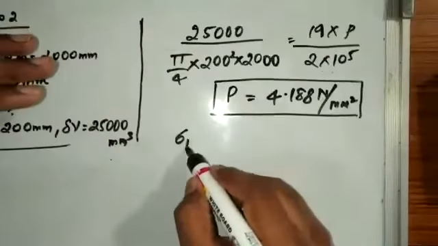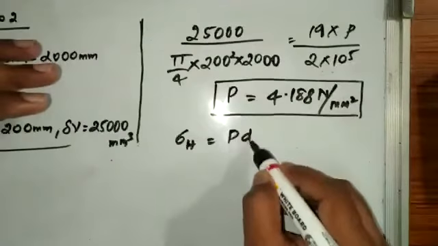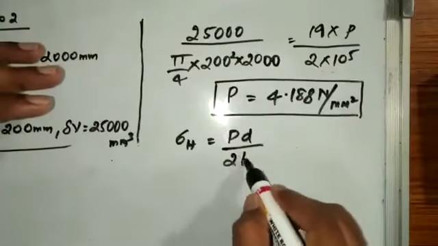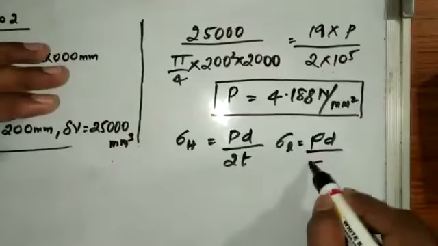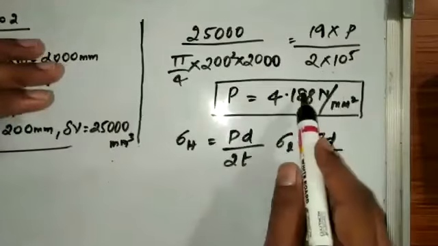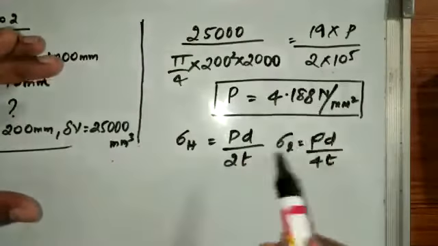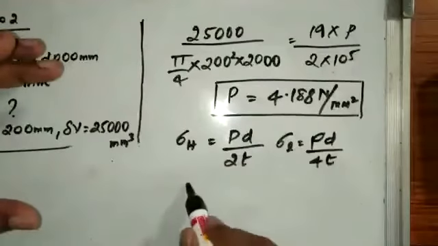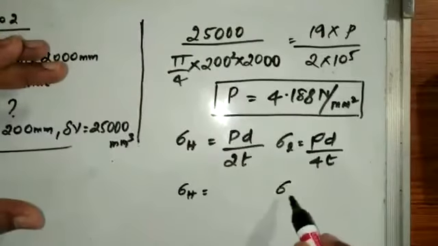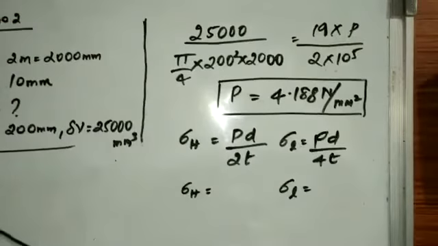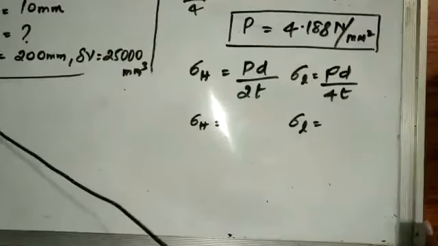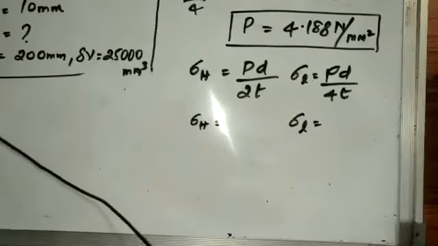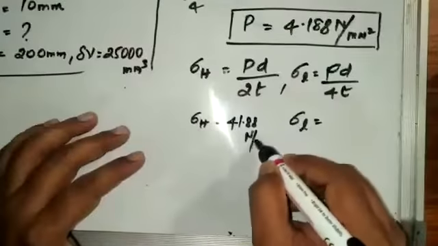Value of pressure. Now you can go back and calculate all the stresses. One is hoop stress. Another is longitudinal stress. Then you tell me the values of this. Now you have calculated the p value as 4.18. If taken these two equations, you will get the hoop stress and longitudinal stress. 41.88 Newton per millimeter square.